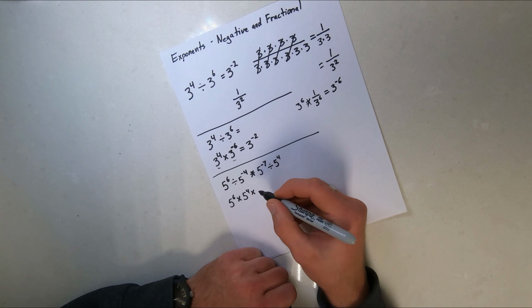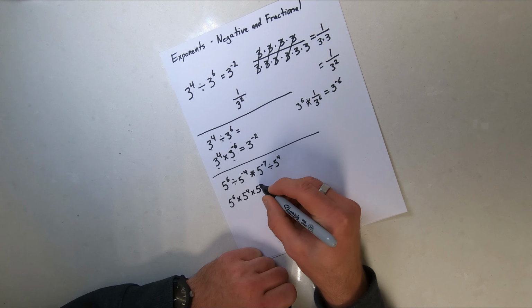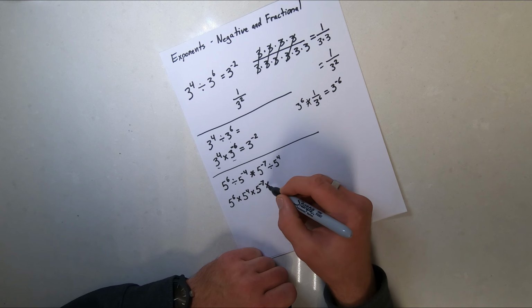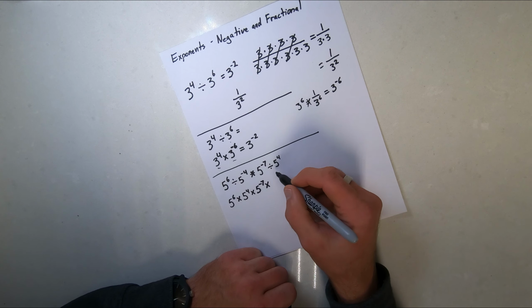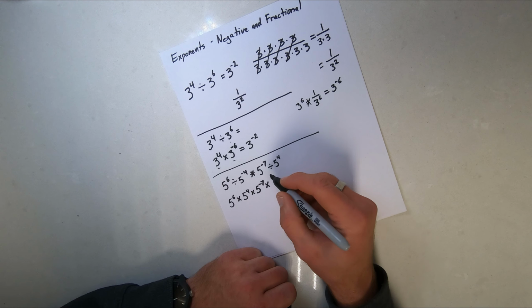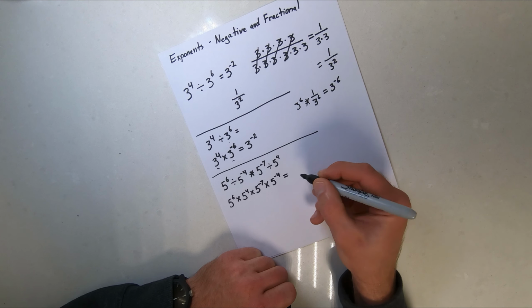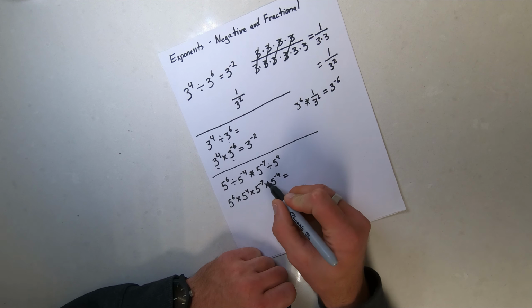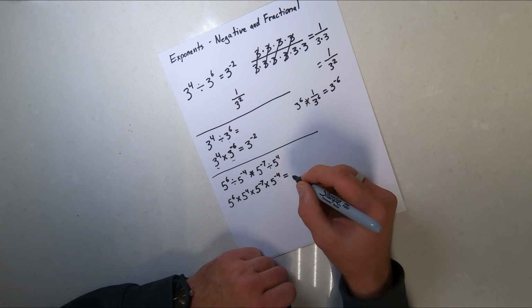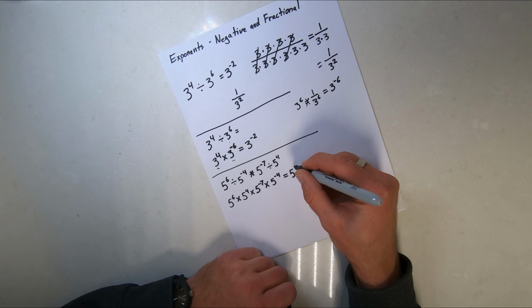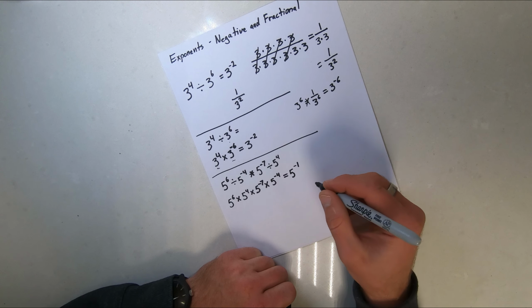We multiply again. We leave this as it is. Change this into a multiplication problem, and then we multiply by the opposite of this, and the opposite of this is 5 to the -4th. Now we simply add up all the exponents, which will give us 5 to the -1.